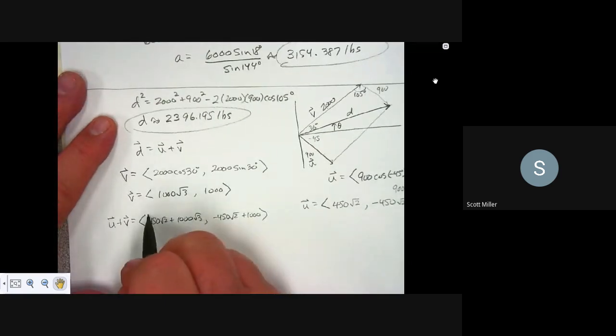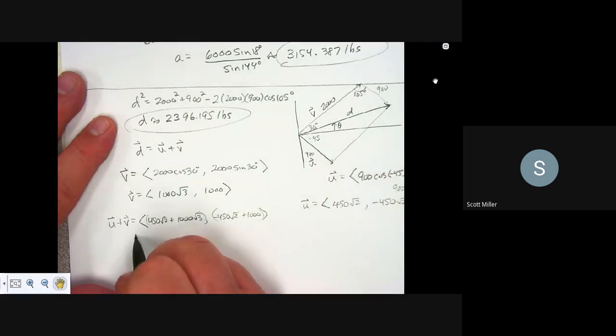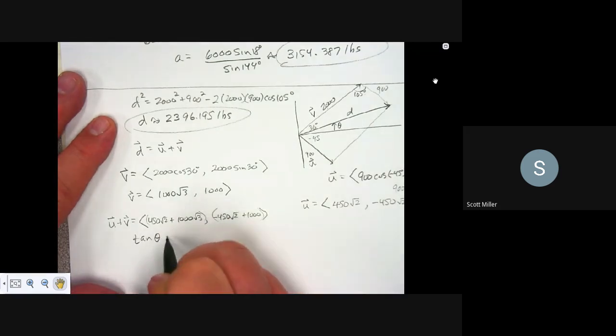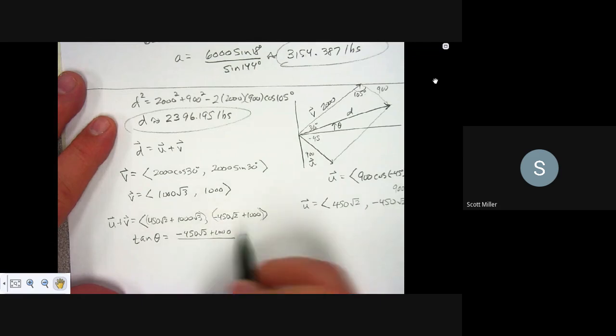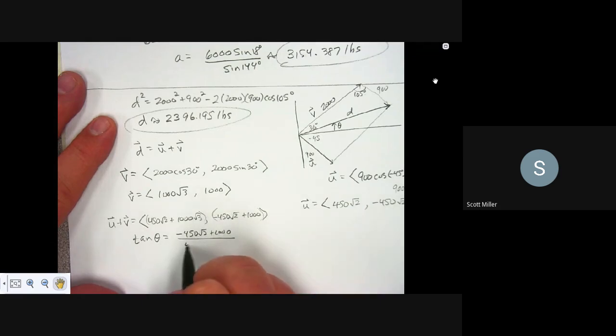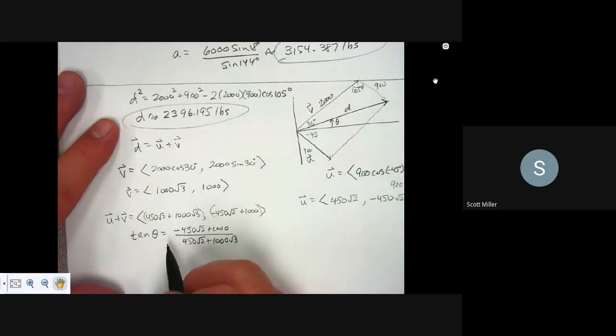This is A, this is B, and the angle is B over A. So we need to work all this out and find theta.